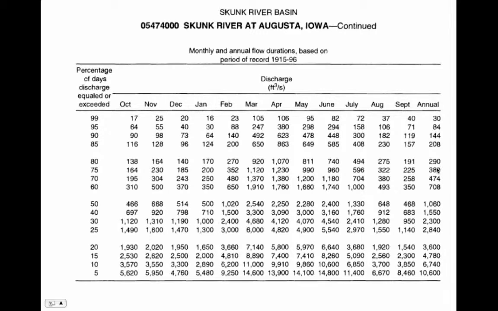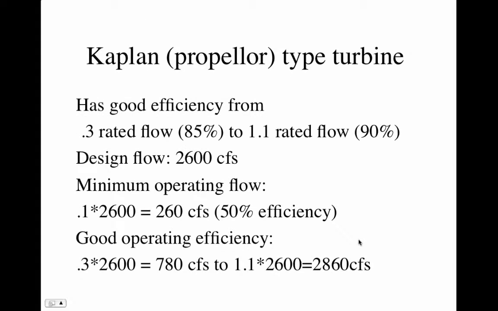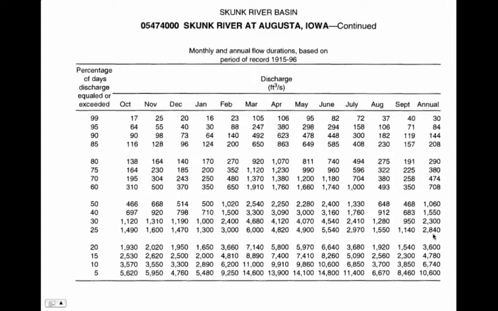Then the maximum amount was 2,860, so we go up here to 2,840. 25% of the time, there's 2,840 or more. If there's more, we'll just spill it over the dam. There'll be 2,840 going through the turbine, and the rest will spill over the top of the dam. So 25% of the time, we're going to be operating at 2,840 cubic feet per second.